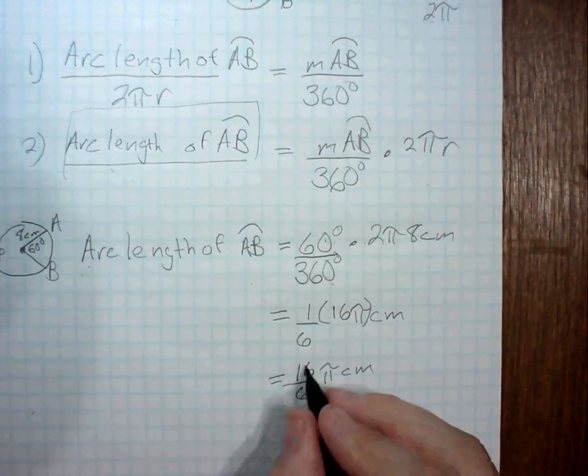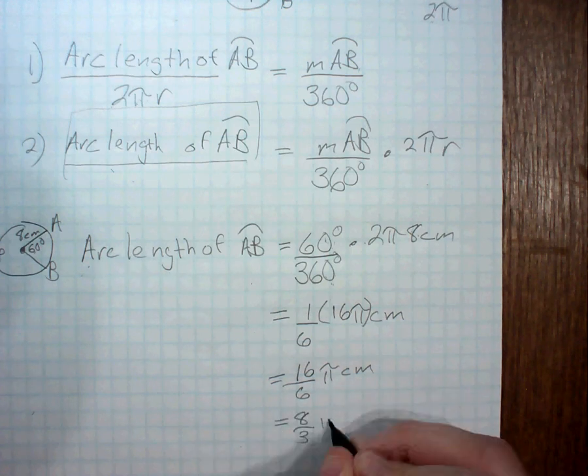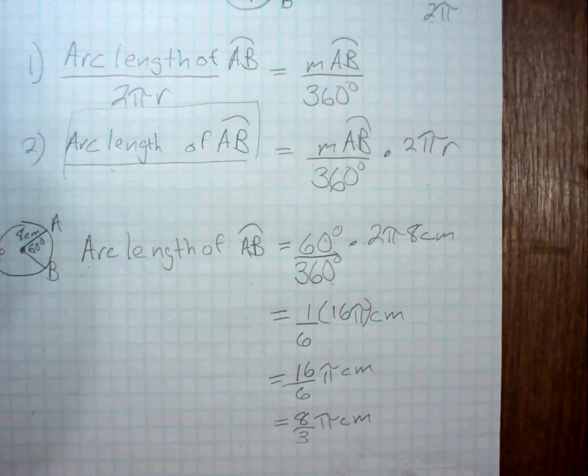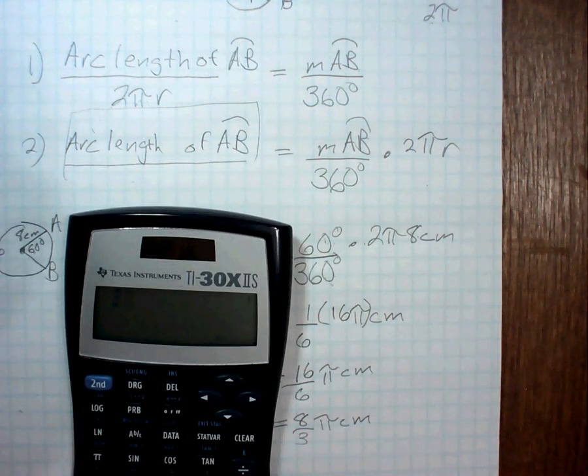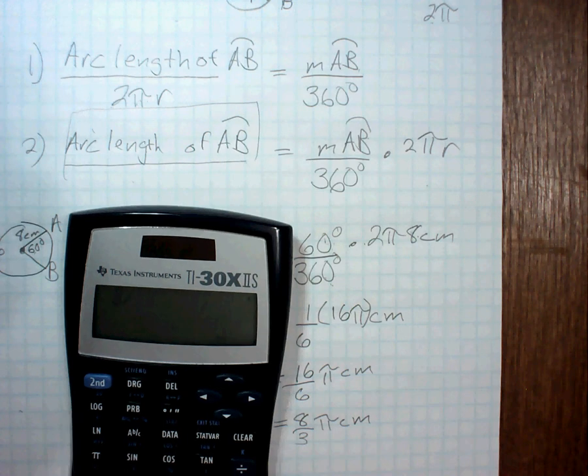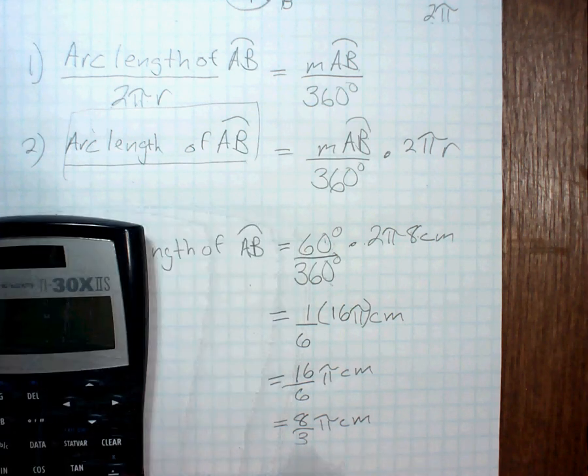Now if I divide the top and bottom by 2, I get 8/3 times pi centimeters. Okay? Now if I plug that in a calculator, if I say 8 divided by 3 times pi, I'm going to get 8.38.